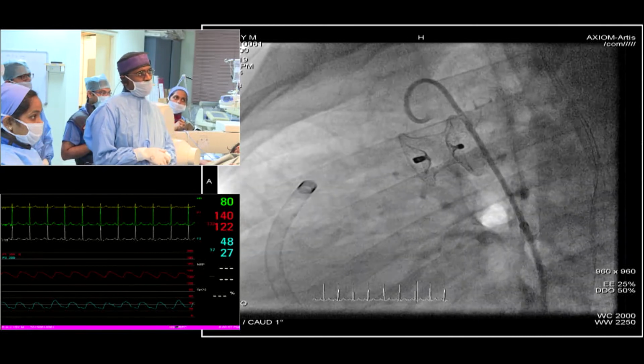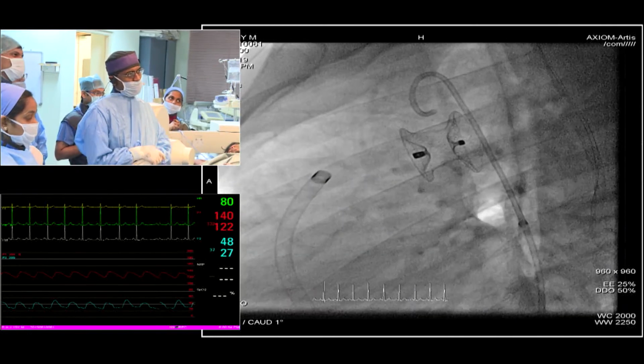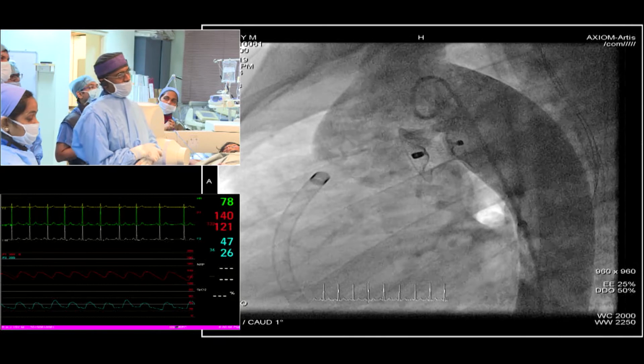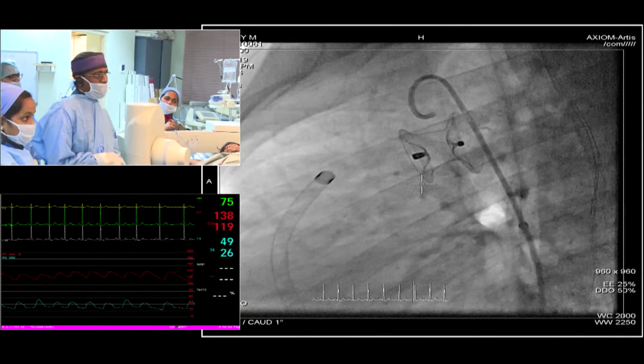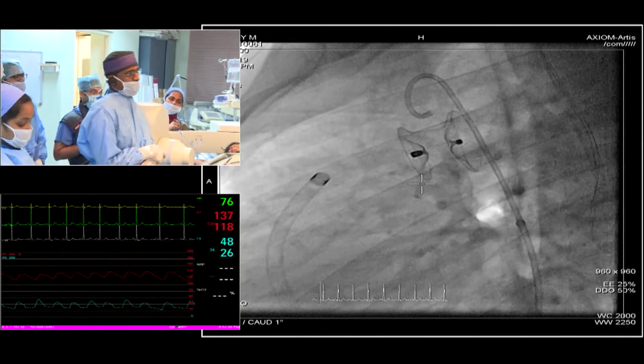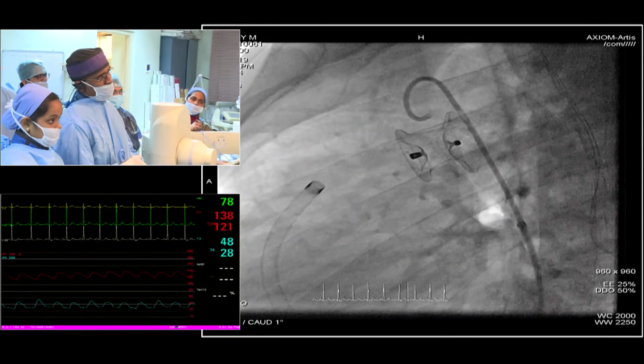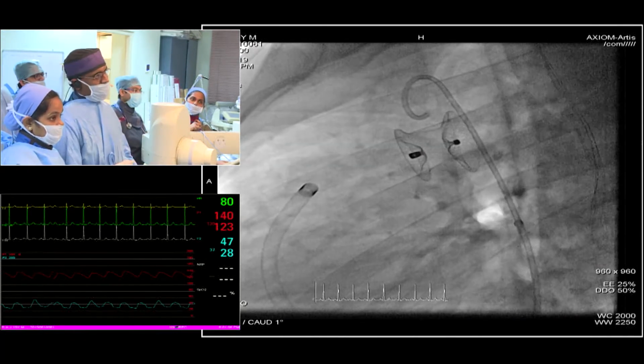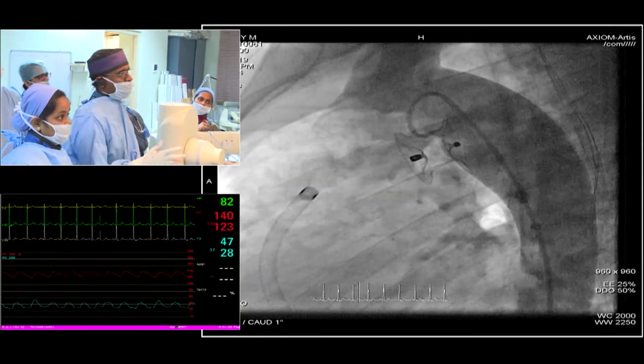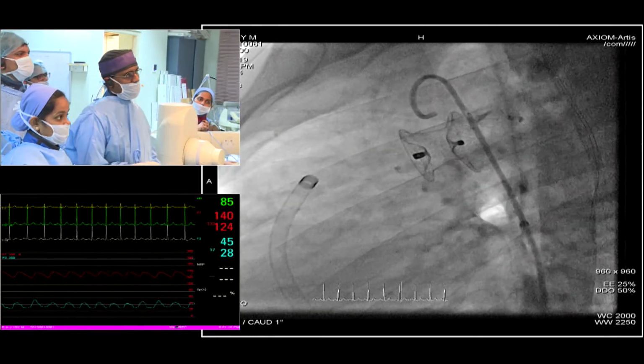I think it makes a lot of sense, even in a large muscular VSD, to have a little larger on the LV side and a little smaller on the RV side. I just wanted to show this particular device, and in the fluoroscopy you can clearly appreciate that the LV disc, the aortic disc, is a little larger than the PA disc.